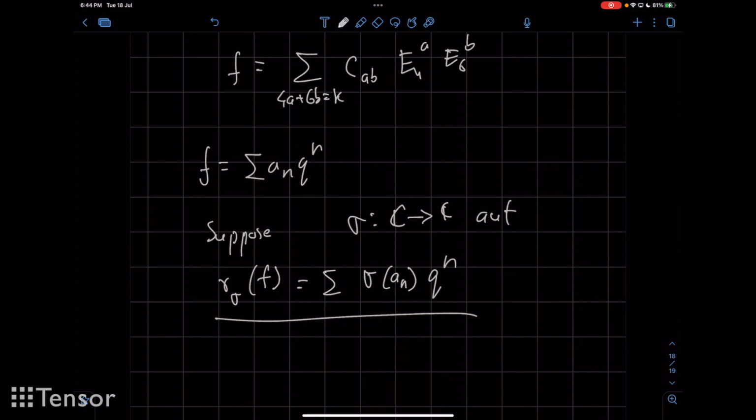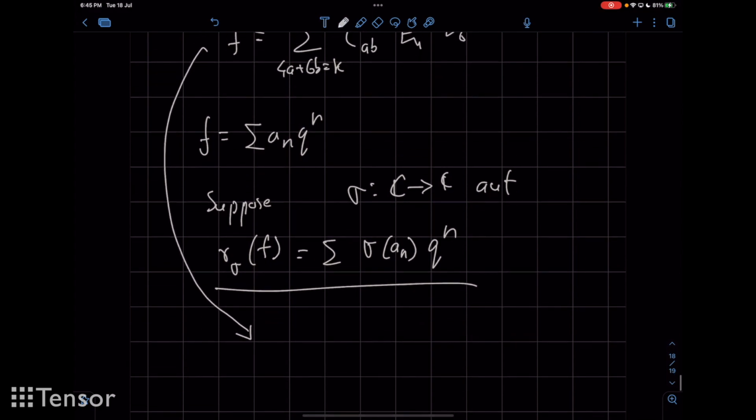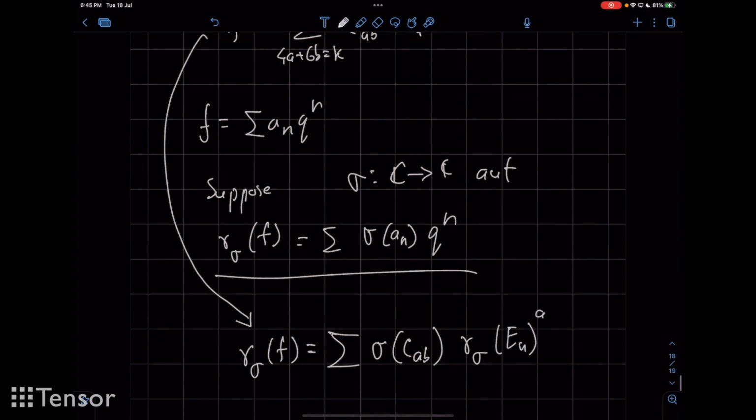It looks unreal, but actually it's true. Why? Because I can write R sigma of f as the sum of sigma of c_ab, R sigma of E4 to the a, R sigma of E6 to the b.